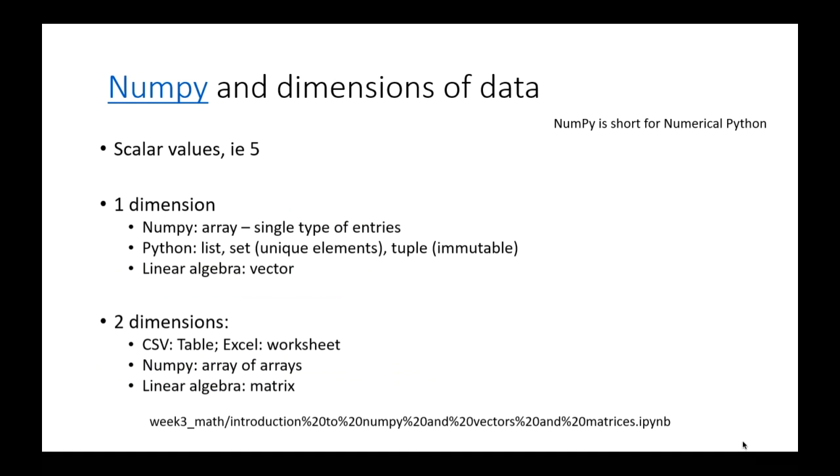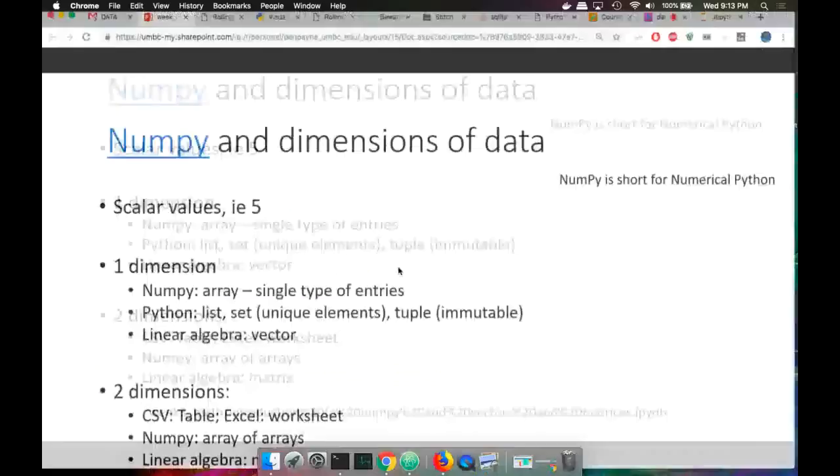The reason we operate with linear algebra is because it's the way we deal with tables of data. In math, it's called a matrix. If you have a list, you can think of that as a vector, and if you have a set of two-dimensional arrays, call it a matrix, and if you have 3 dimensions or more, call it a tensor. Hence TensorFlow. So let's see if we can jump over to NumPy.